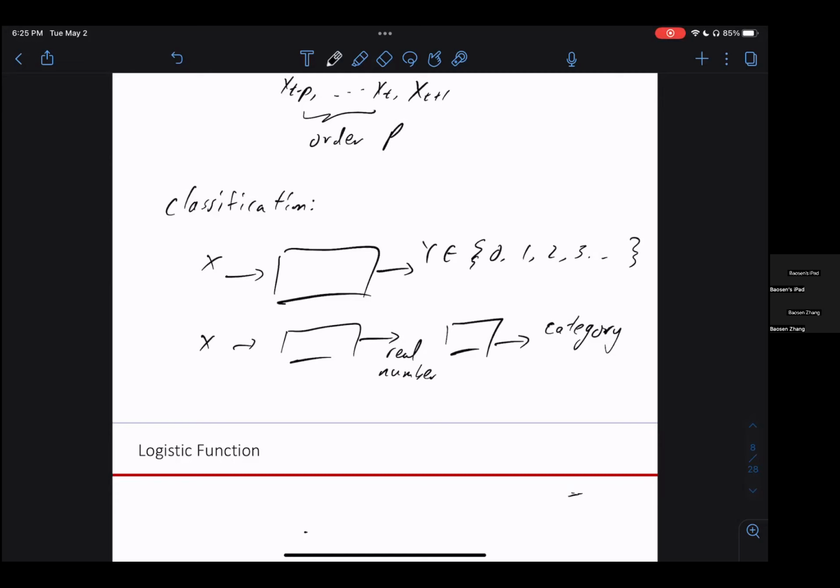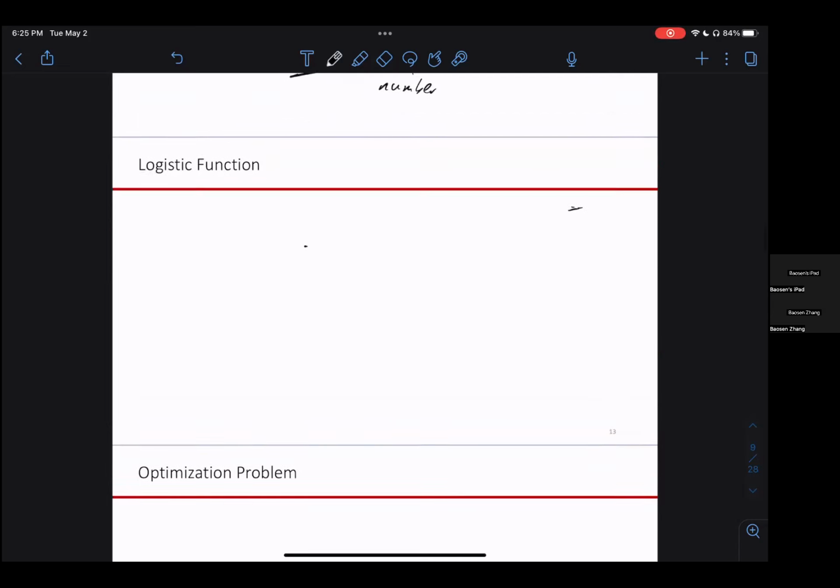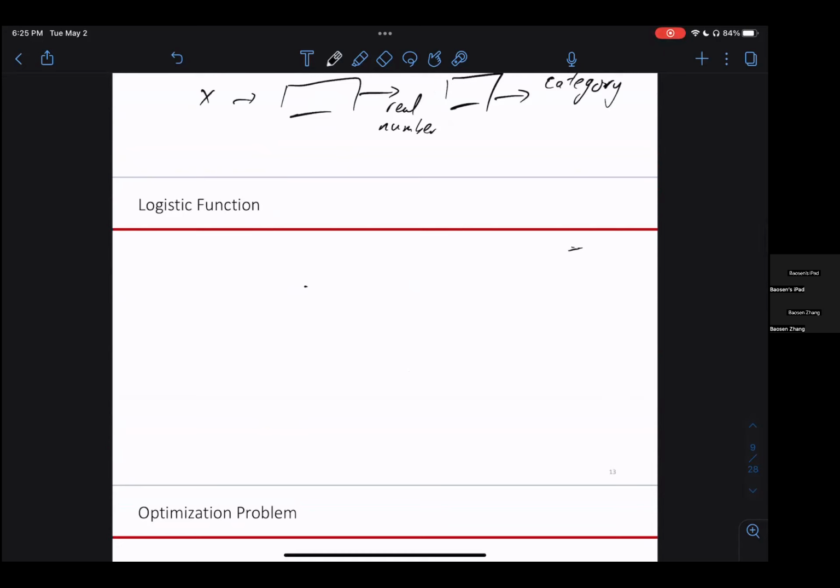So again, you want to interpret things. This is interpreted as a probability or as a likelihood, so you want to assign a real number to that. And the logistic function that we introduced last time is basically a function that assigns a probability. If you give a real number, the outcome is a probability associated with that real number.